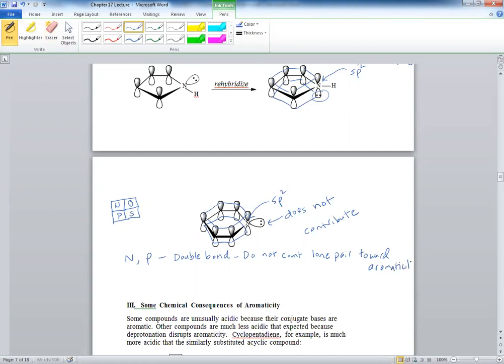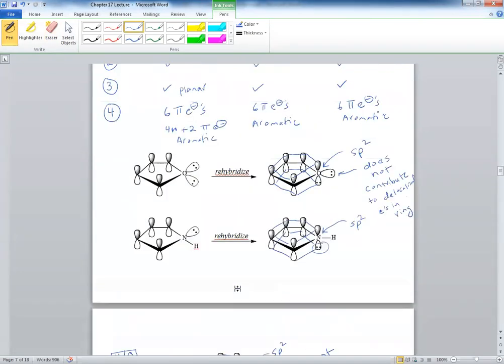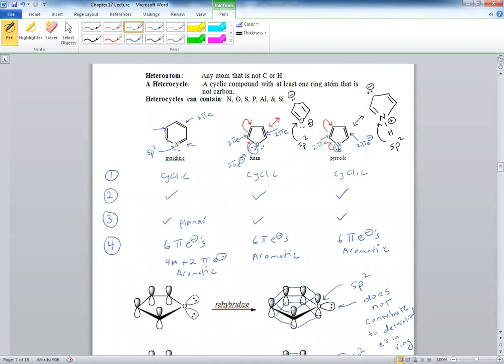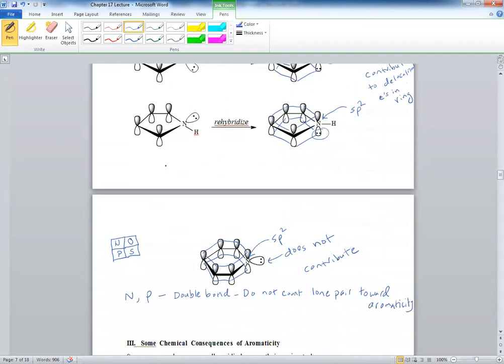If you go back to pyridine, notice how we have a double bond here. If you just look at that, before you even do a resonance structure, do not count that lone pair. But if you have single bonds only, then you count the lone pair. That's a nice shortcut.